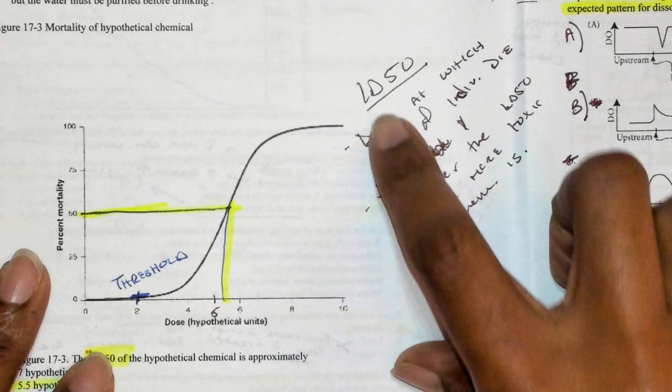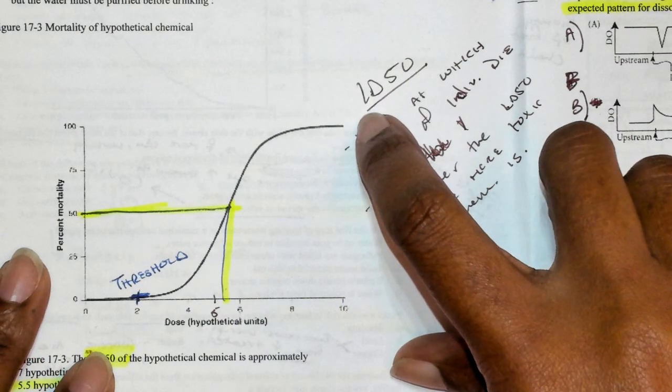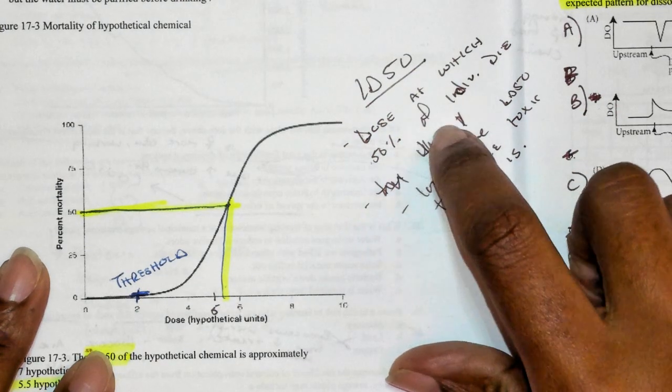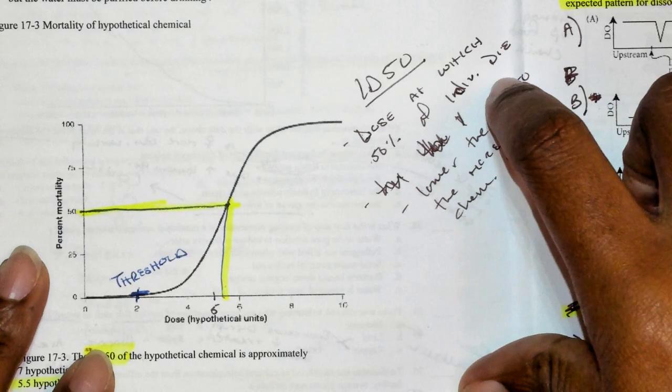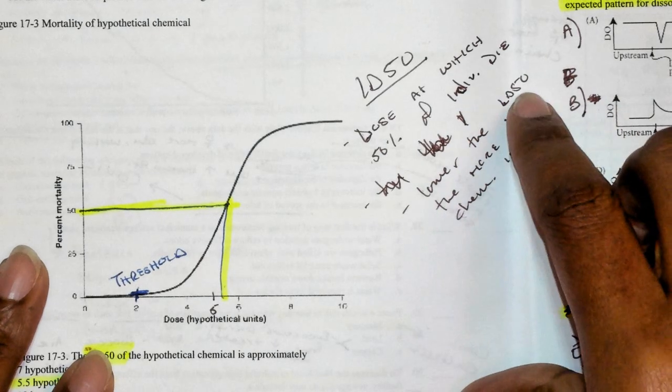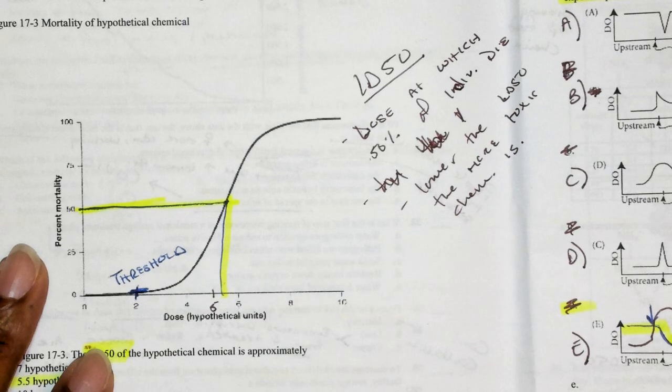Remember, LD50 is lethal dose 50. That's the dose at which 50% of the individuals exposed to the toxin die. The lower the LD50, the more toxic the chemical is.